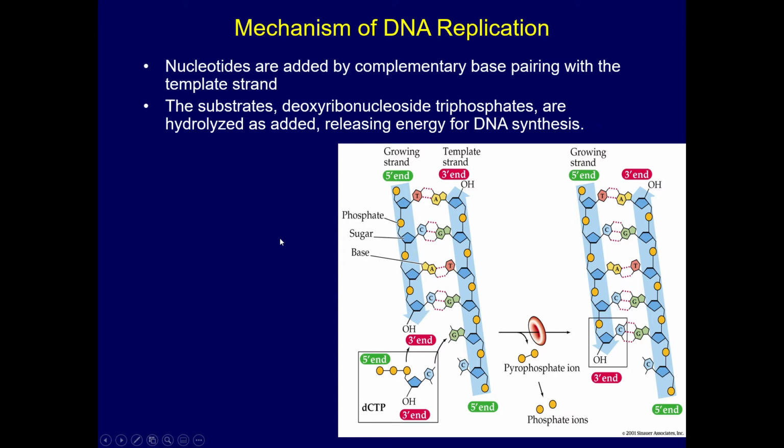The nucleotides are added by complementary base pairing, just like normal, and there are substrates and different proteins helping release the energy for all this to happen, making sure all the connections can be made. So there are lots of different proteins doing different things in this.